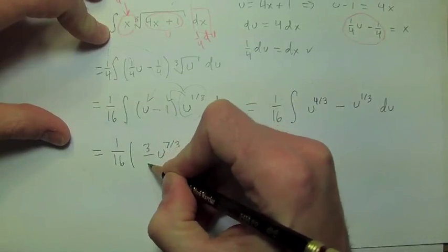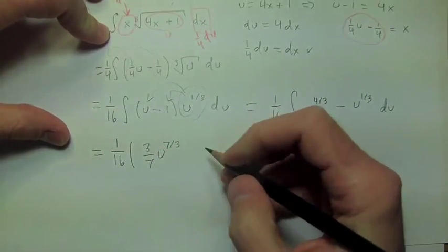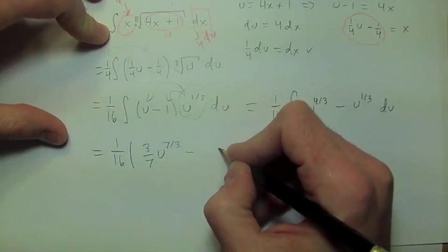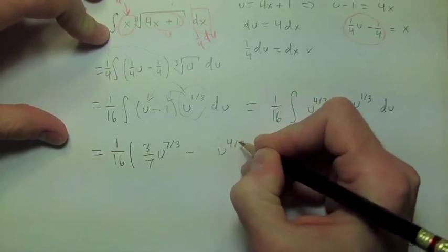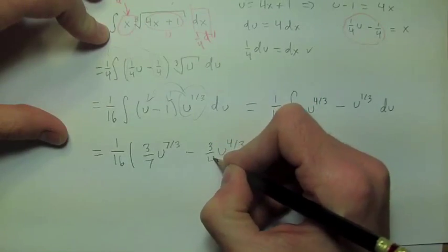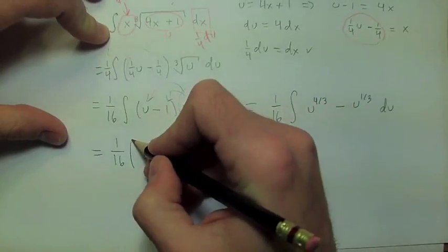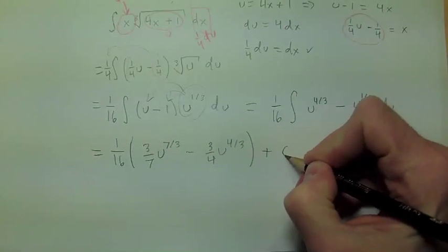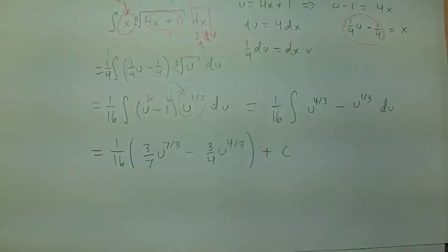So this will be 3 over 7, minus u to the 4/3 over 3/4. And of course, plus c.